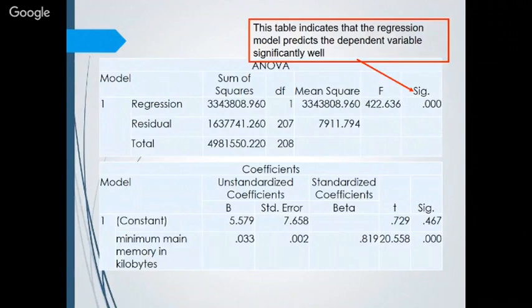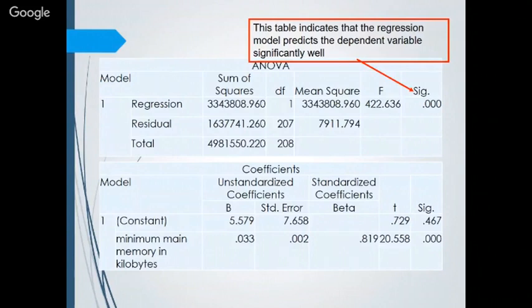And for the last column, we have to check the t value and its significance. The t value checks whether the slope reflected in the beta coefficient is actually a slope or not.